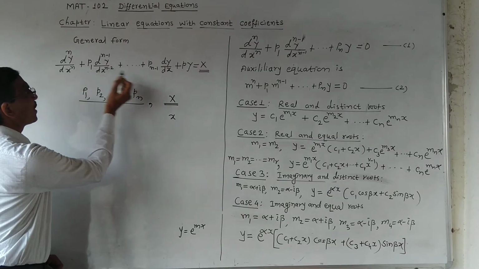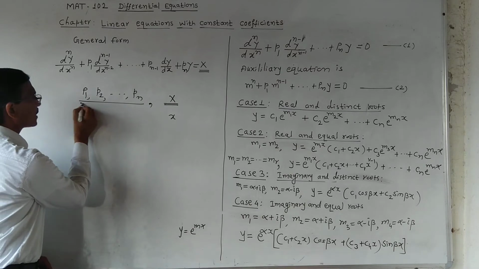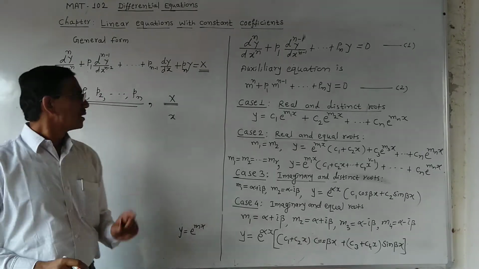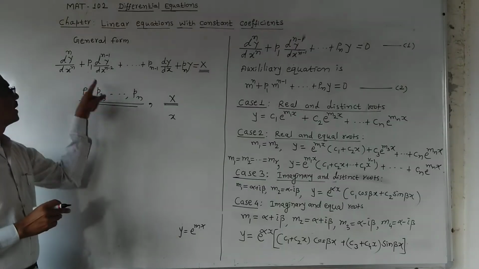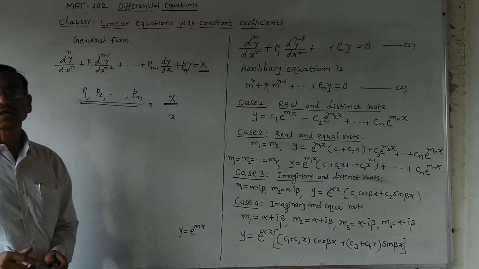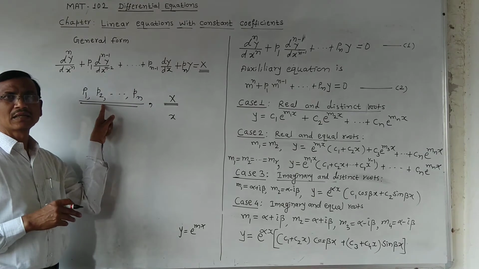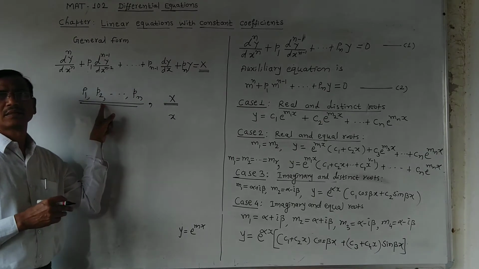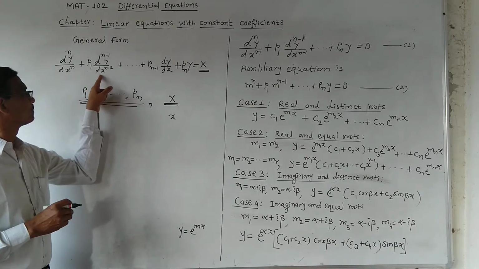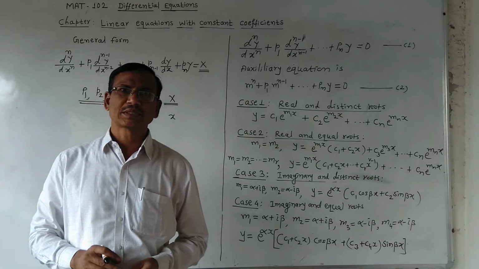The coefficients P1 to Pn are either constants or functions of x. If these are constants, this equation is called a linear equation with constant coefficients. And if these coefficients are functions of x, that means variables, then the given equation is called a linear equation with variable coefficients.